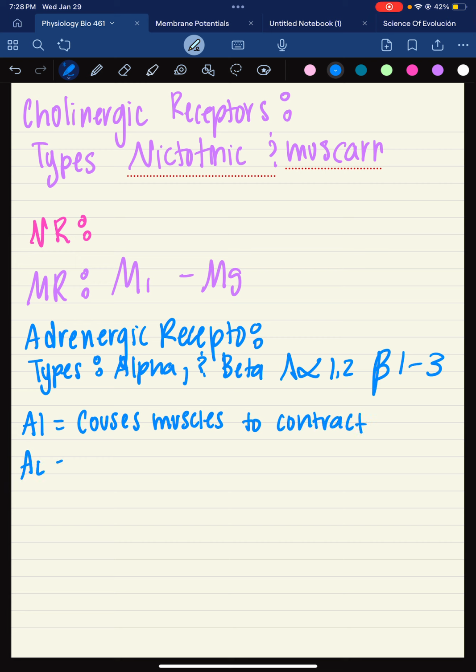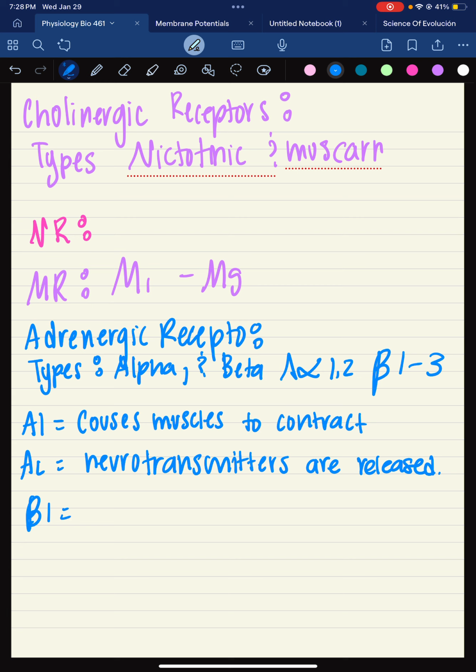Alpha 2, neurotransmitters are released. Beta 1 increases heart rate.